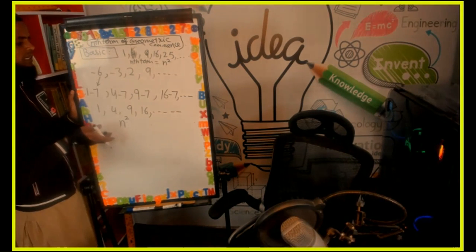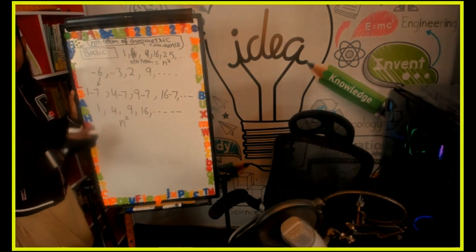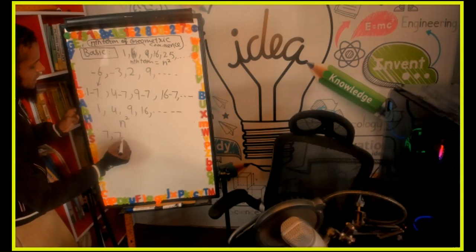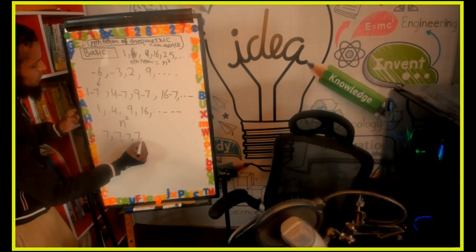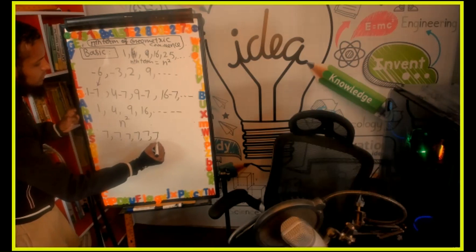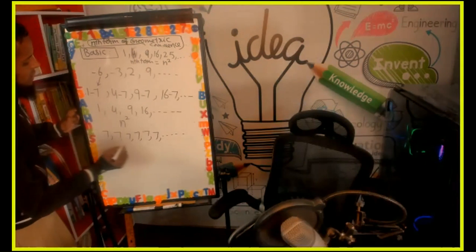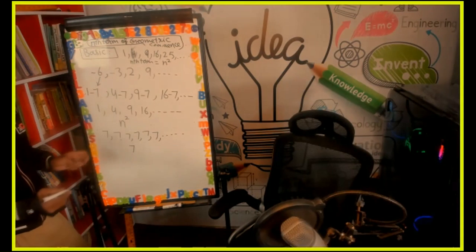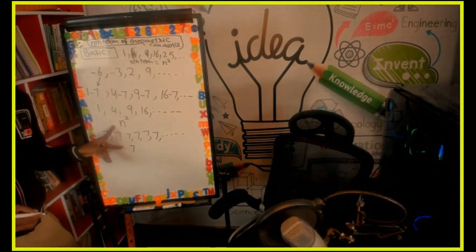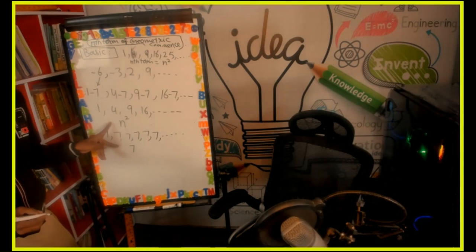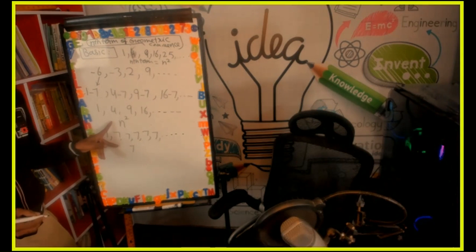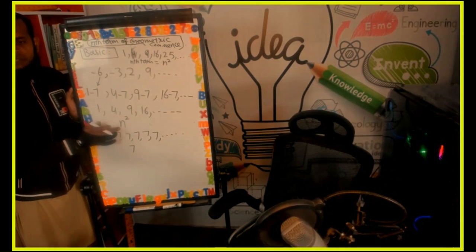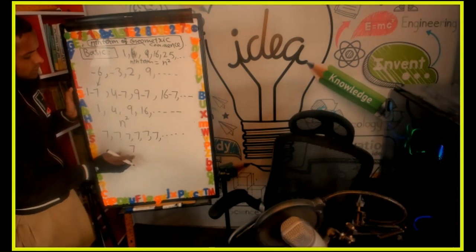The other sequence is 7, 7, 7, a constant number. Its general term is 7. Clear? Yes. The first sequence's general term is n square. The second sequence's general term is 7.